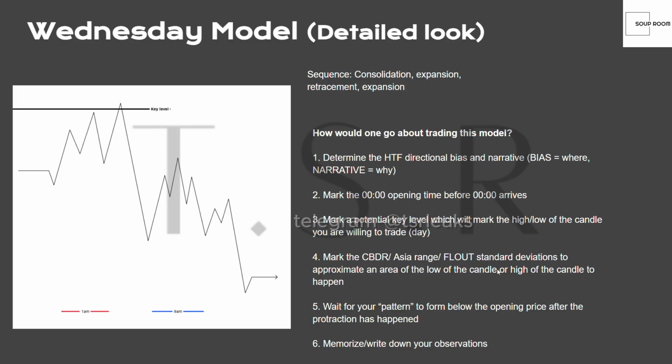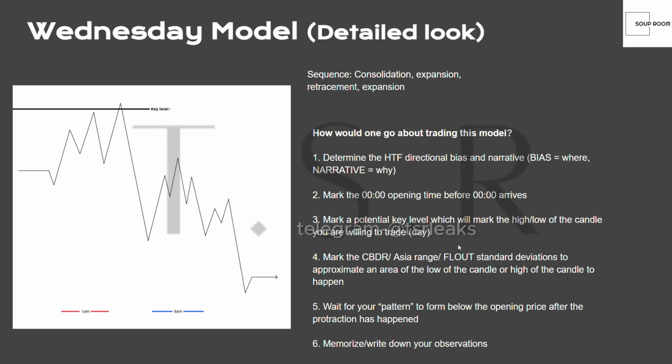Step 4, mark the CBDR, central bank dealing range, the Asia range or the flout. Mark their standard deviations to basically help you find out where the high or low of the daily candle should occur.